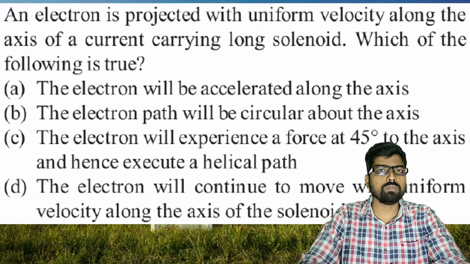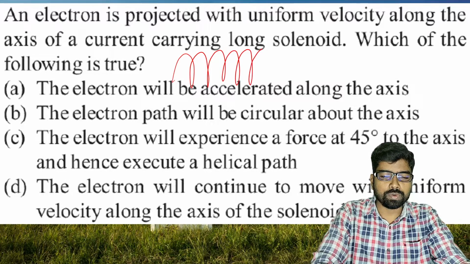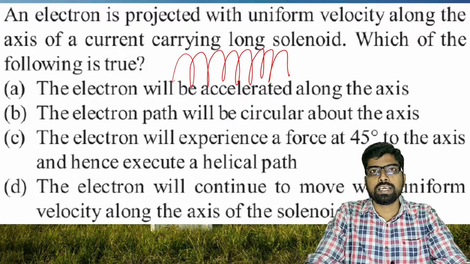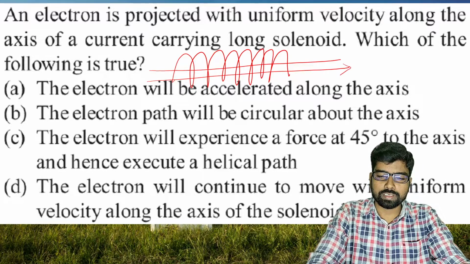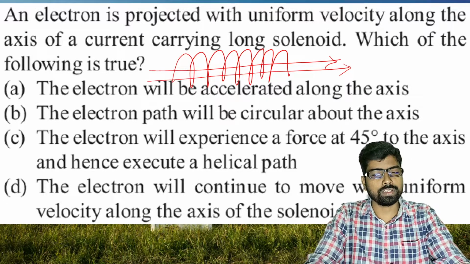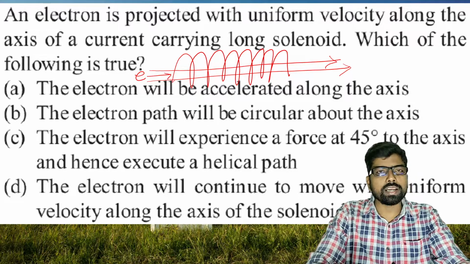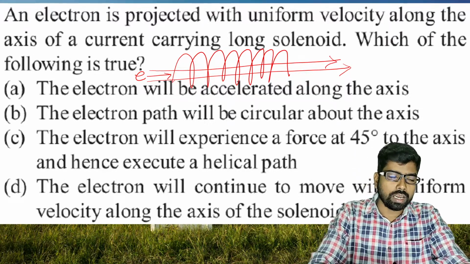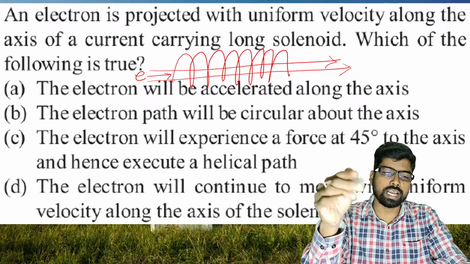Suppose one long solenoid is there. I am drawing the diagram on the question, and this is the direction of the magnetic field, which is uniform in between. Suppose one electron is entering and moving in the same direction. An electron will be deviated from its path only if a force is acting on it.